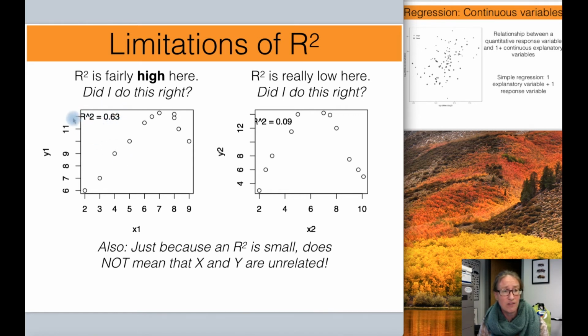So this R-squared value is 0.63. And in contrast, on the plot on the right, I've got a very, very low R-squared value of 0.09. And I've got the question here of, did I do this right? Here I've got very contrasting R-squared values. Is this a good reflection of the relationship illustrated between x and y?